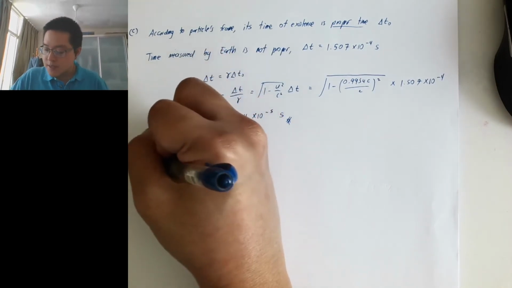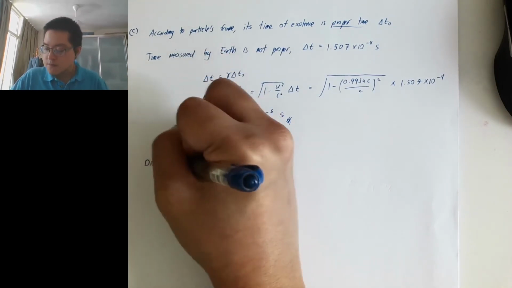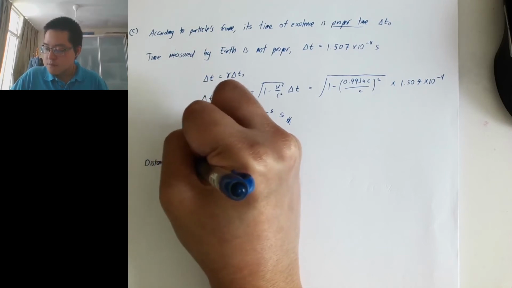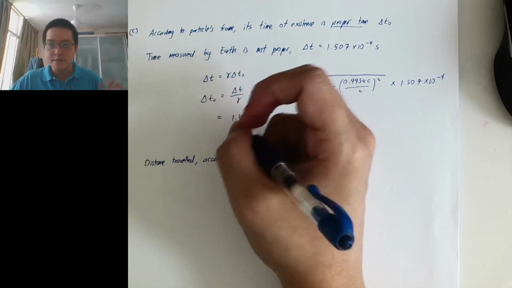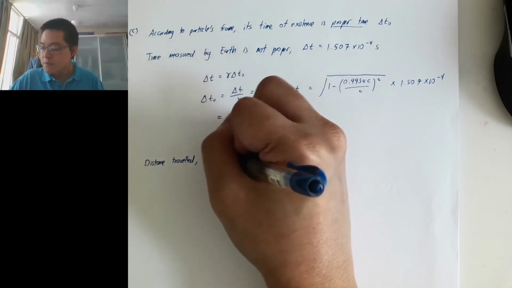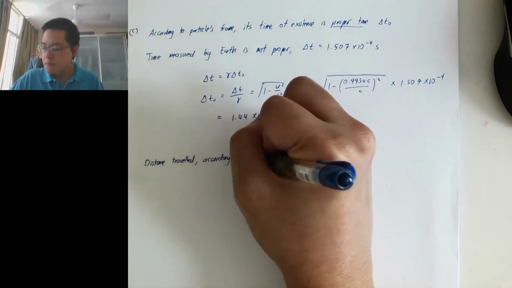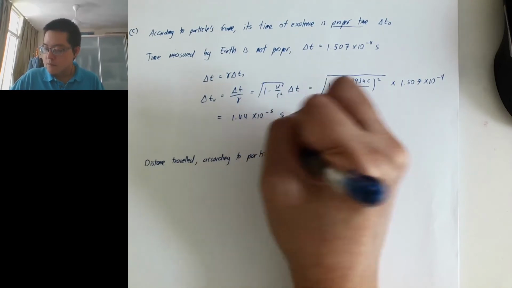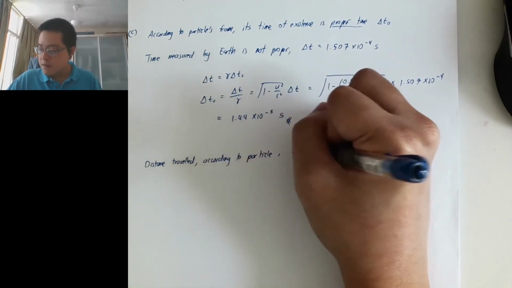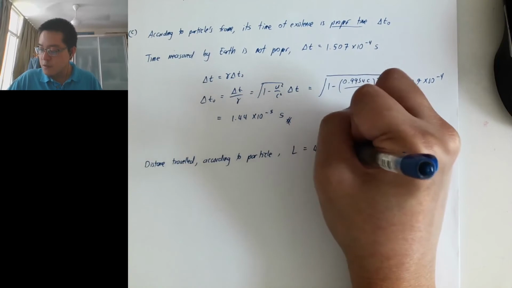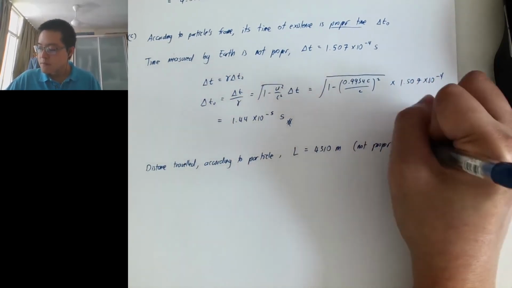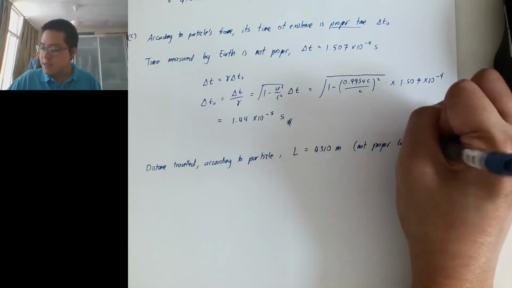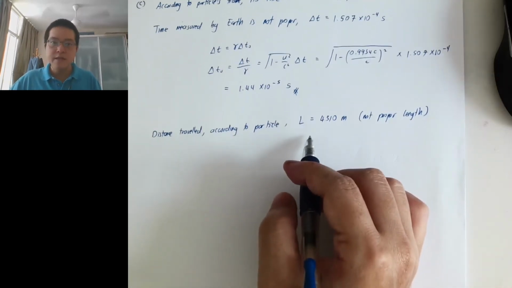So what I'm trying to say is the distance traveled according to the particle is not the proper length, but we do have a distance value. L is 4310 meters. So this is not the proper length, but it is the value measured in the particle frame, right?